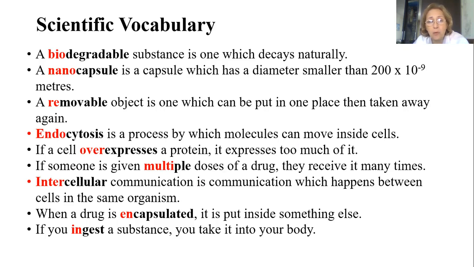Overexpress is overproduce, to express too much. Multiple is many times. Then intercellular also means between cells in one and the same organism. And encapsulate, this is put inside a capsule, and ingest, take into your body.